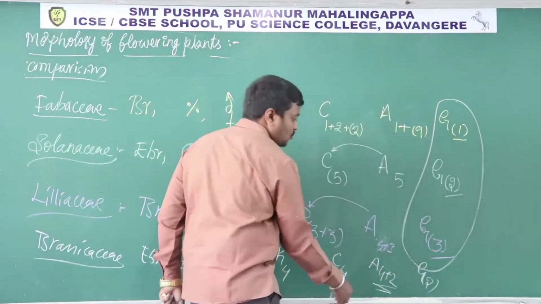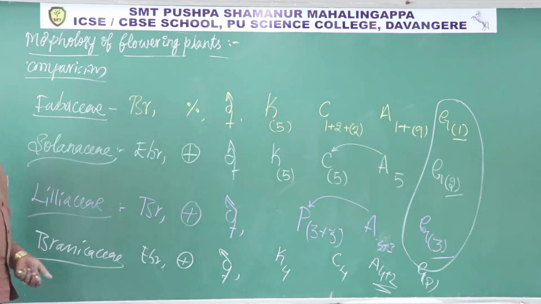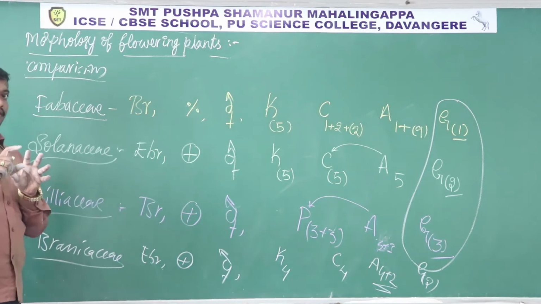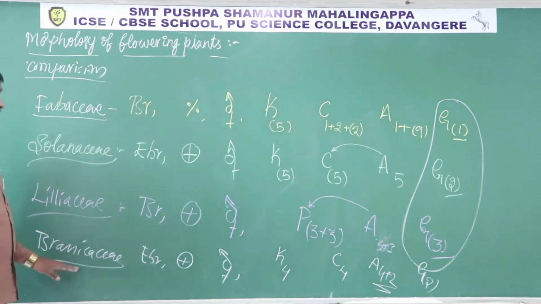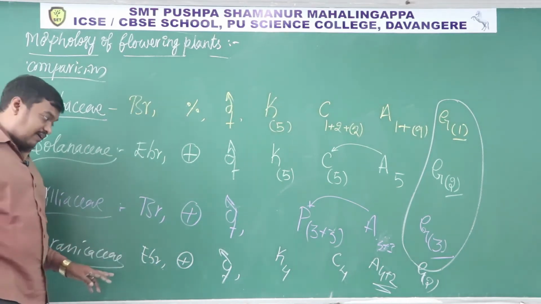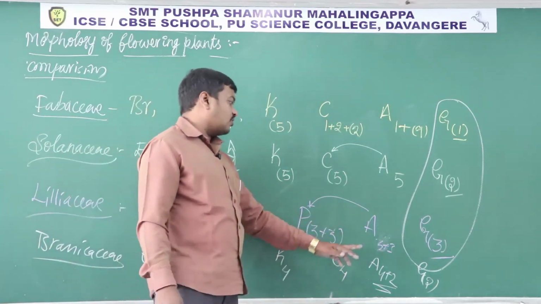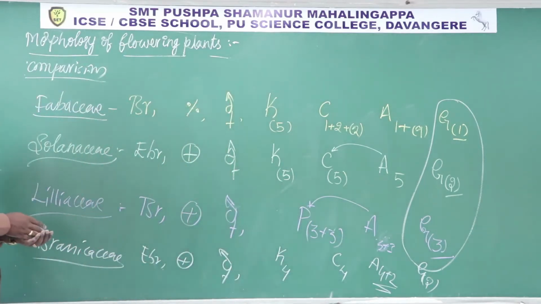So only the 4+2 condition, okay, that is important there. Okay, so like that you need to compare and you can remember this. Okay, so for Brassicaceae they mention only the floral diagram. They gave the example for the floral diagram. They didn't mention the floral formula, but you need to remember that floral formula also.